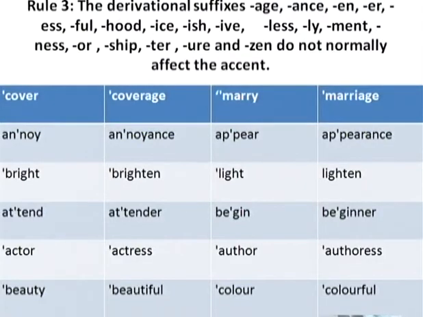The derivational suffixes such as age, ance, en, er, ess, ful, hood, ice, ish, ive, less, ly, ment, ness, or, ship, ter, ure and zen do not normally affect the accent.